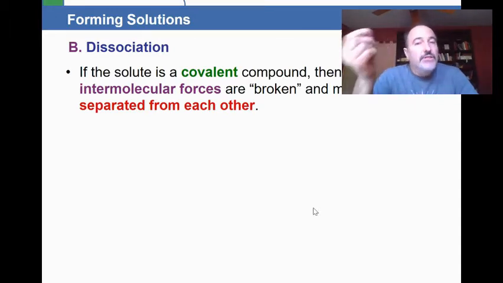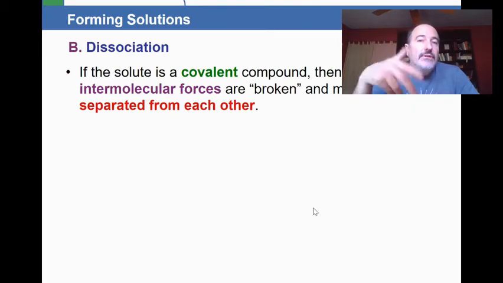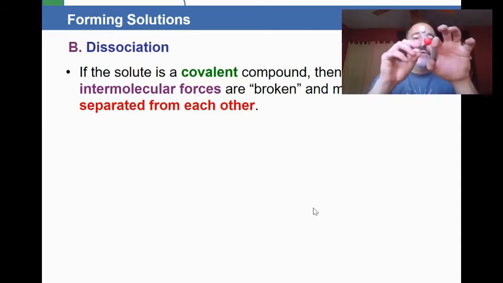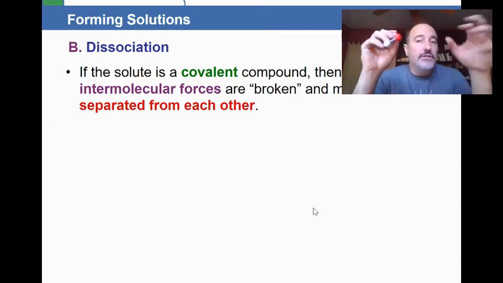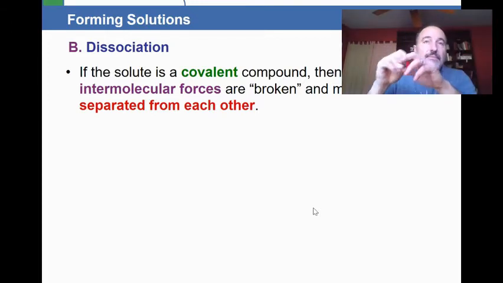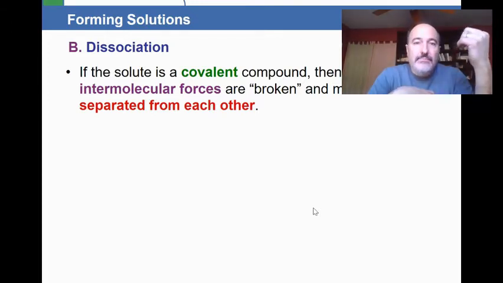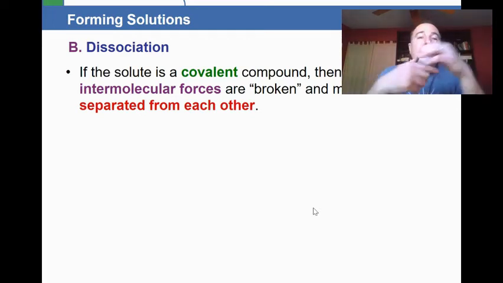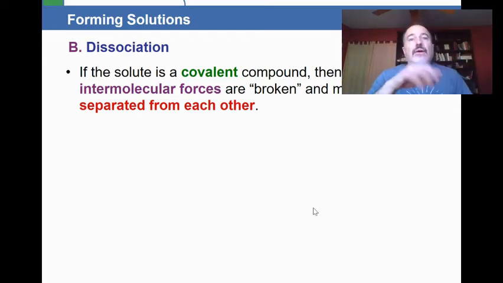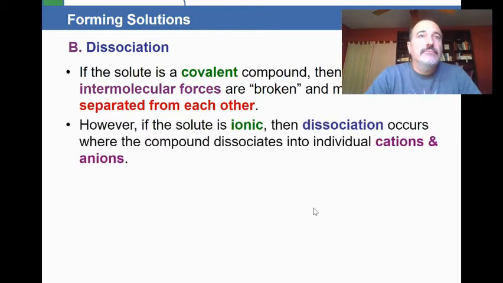So when you take sugar and you dissolve it in water, because sugar is a polar molecule, then the polar molecules of the water will attach themselves or grab onto the polar molecules of the sugar and pull them away from each other. And because water is polar and sugar is polar, then we say sugar dissolves in water. But they are separated from each other. You still have the overall sugar molecule being held together, okay? They're not actually all the way separated from each other.